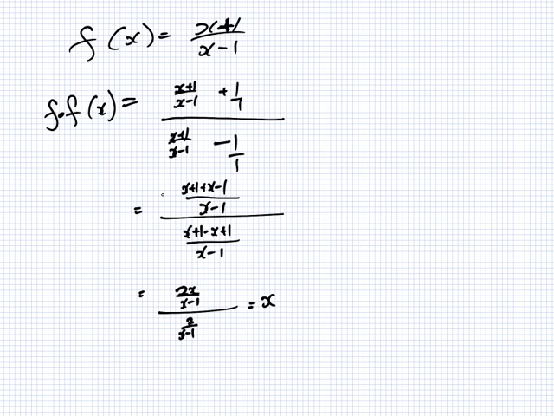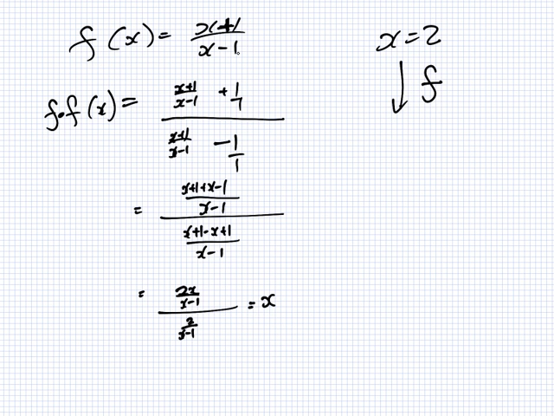Just before we finish, I think these functions are interesting because when you use the function twice, you end up with the value you had at the beginning. For example, pick x equals 2. If I calculate f of it once, I get 2 plus 1, which is 3, over 2 minus 1.